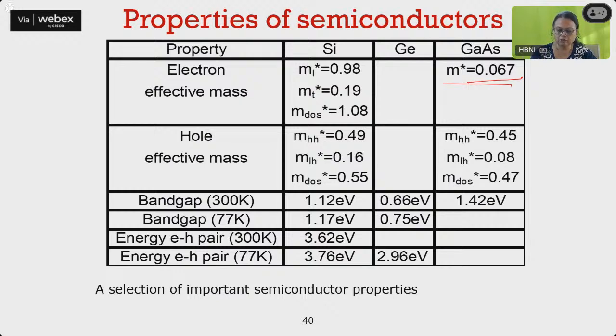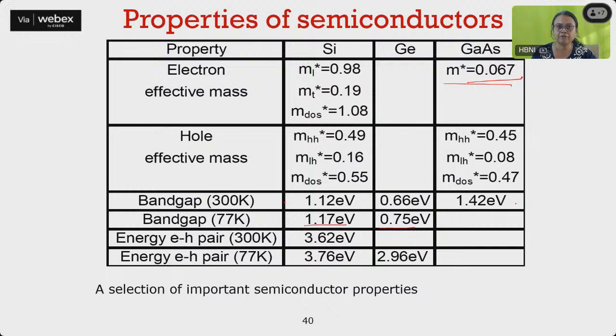Band gap we have for silicon, for germanium and gallium arsenide. Germanium finds application where we want a small band gap material, and germanium is generally cooled to low temperature to suppress the thermionic current. At 77 Kelvin we have this, and for silicon it is 1.17 and this is 0.7.